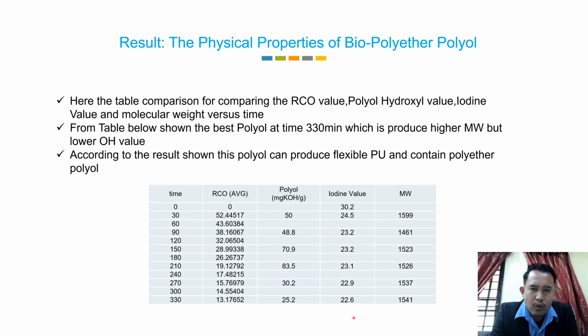Also, the epoxide already cleaved the oxirane ring to produce the polyol. The polyol itself has a lower OH value at the end of the process, which gives the best flexible PU characteristic.